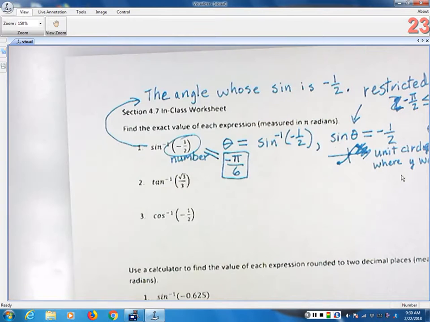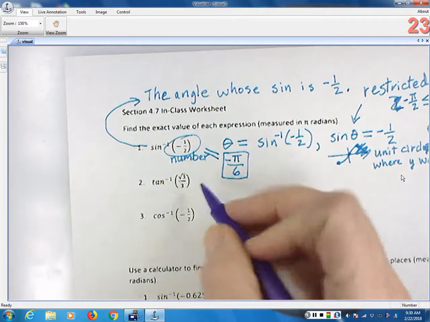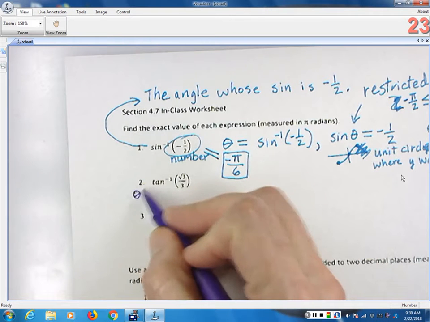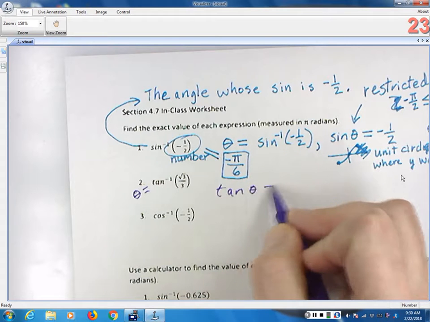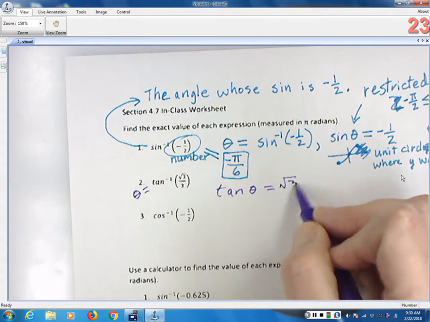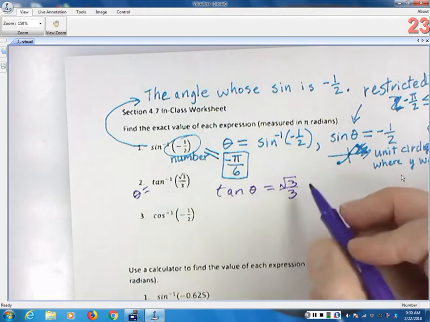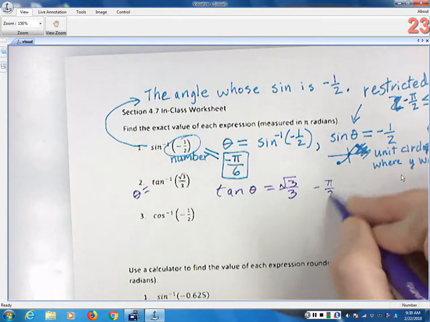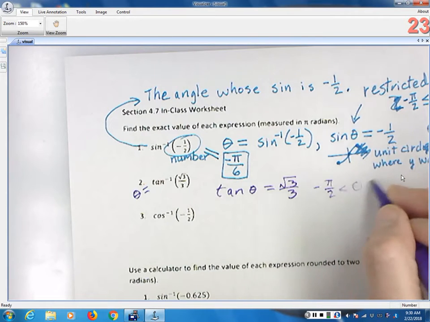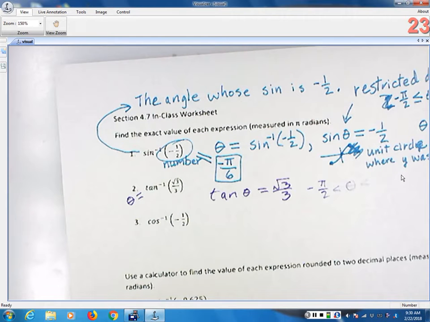Alright, so I think everybody got the first 3. This answer, theta: tangent theta equals the square root of 3 over 3, and theta has to be between minus pi over 2 and pi over 2.